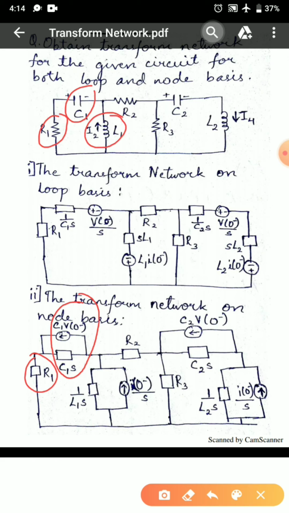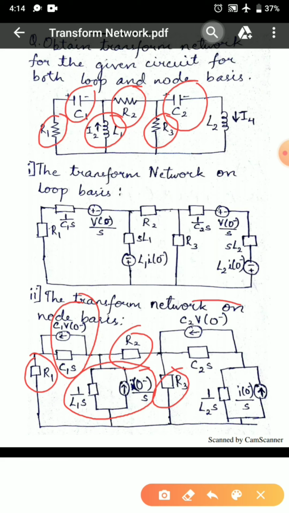For L1, for a parallel circuit, we have the transform network for the inductor as 1 by L1S plus I of 0 minus upon S. For R2, we have R2 as it is. For R3, we have R3 as it is. For C2, we have C2S plus C2 V of 0 minus. Finally, for the last element L2, we have 1 by L2S plus I of 0 minus upon S.